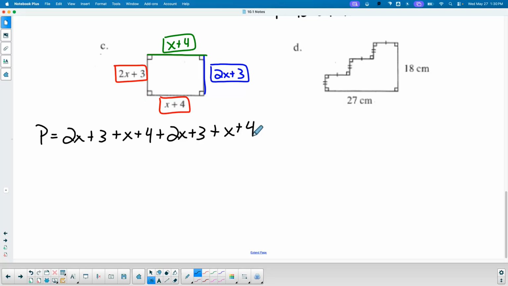How many x's do I have? 6 of them. 3 plus 4 is 7, plus 3 is 10, plus 4 is 14. I get a perimeter there of 6x plus 14.